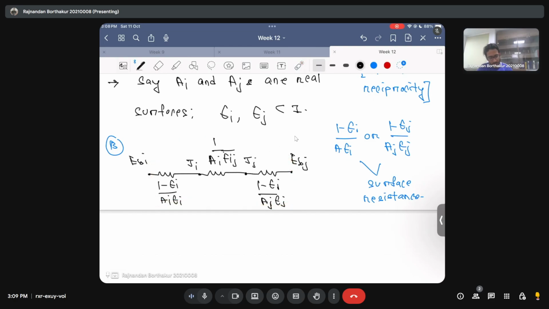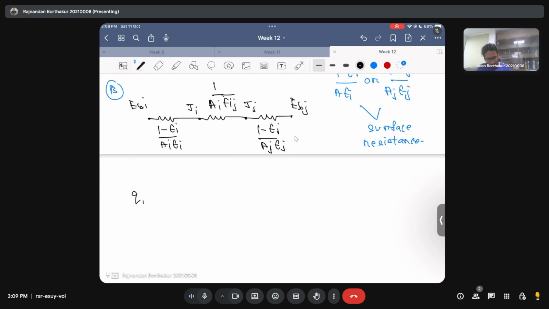So for real surfaces, if someone wants to evaluate the QIJ, the numerator will still be equal to the difference between the emissive power nodes.